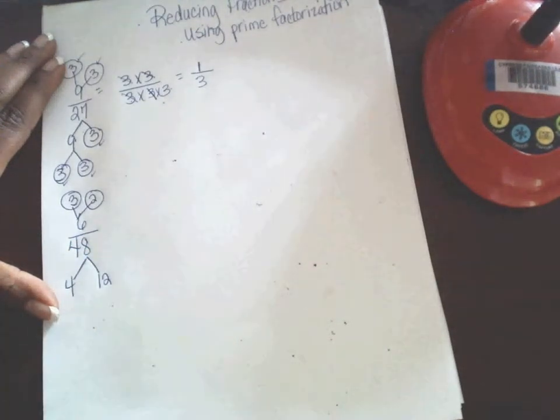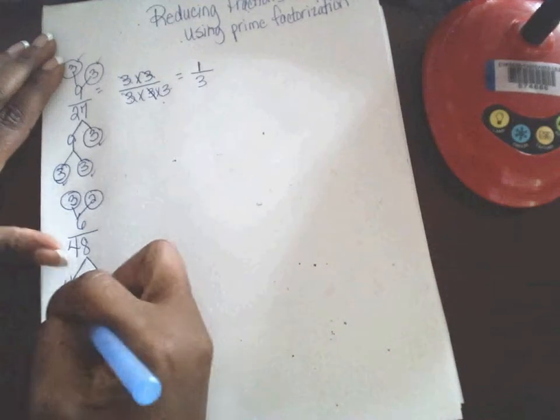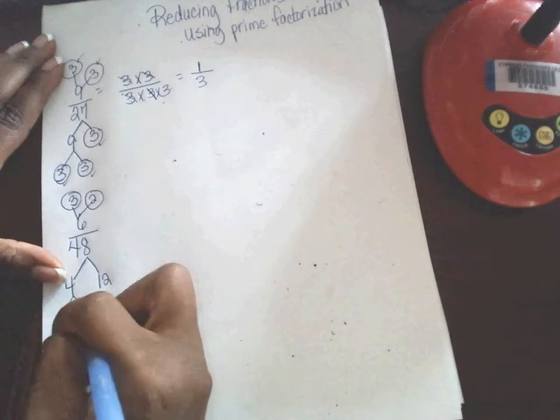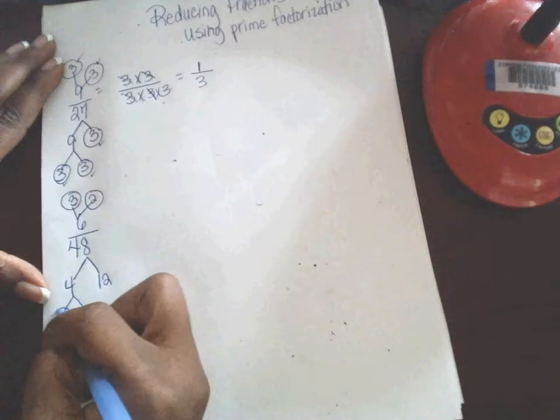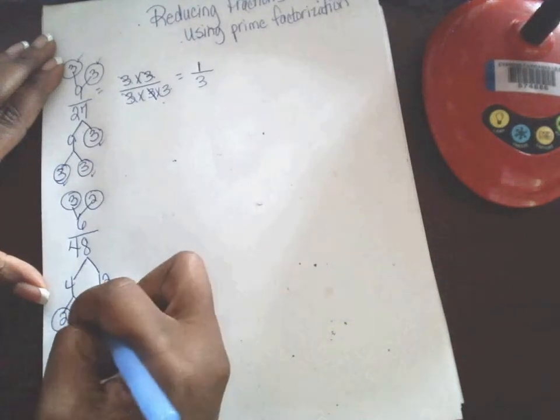Now, are either of those numbers prime numbers? No, neither of those are prime numbers. So, Jessica, can you give me 2 factors that you multiply together to get a product of 4? 2 and 2. I can multiply 2 times 2 to get a product of 4. Okay? So these are prime numbers, so I circle and stop.